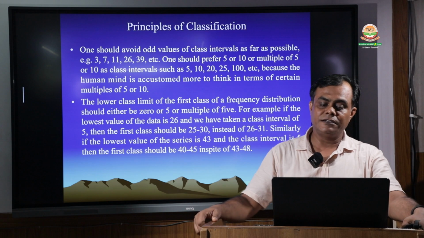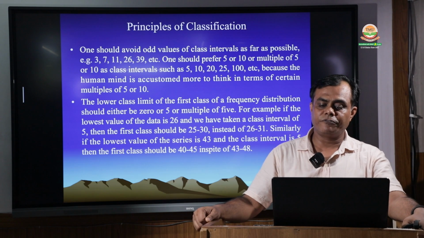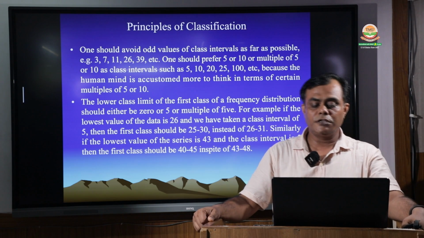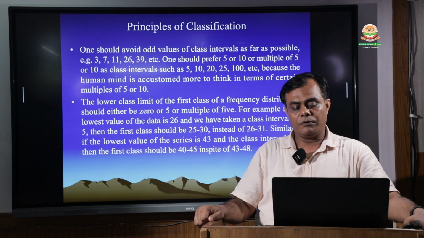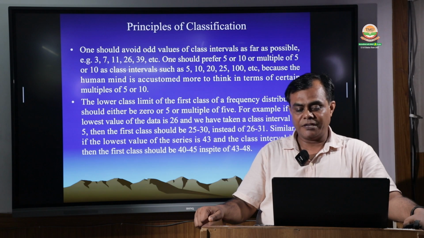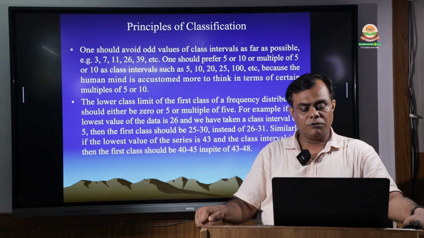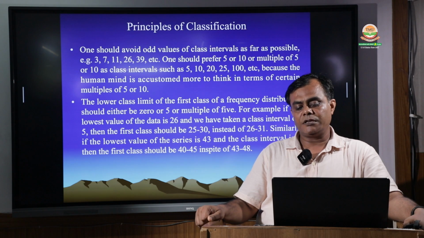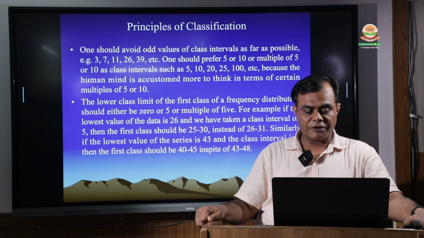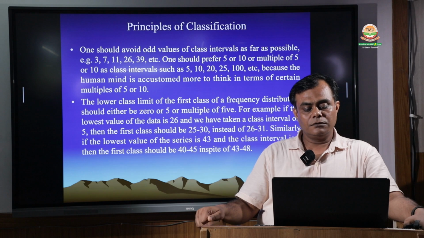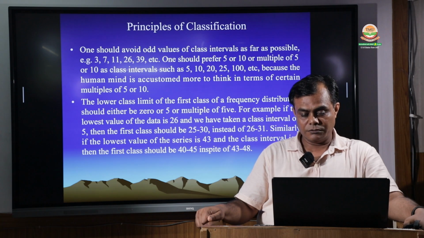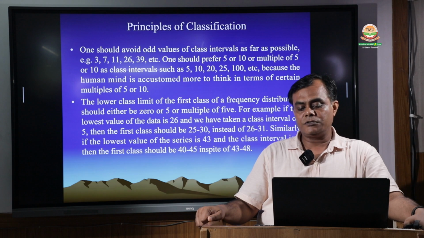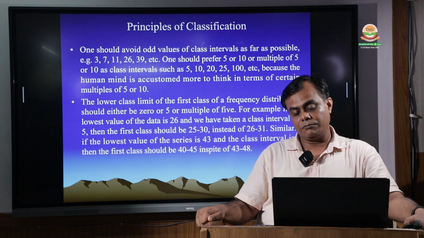The lower limit of the first class of the frequency distribution should be either 0 or 5 or a multiple of 5. For example, if the lowest value of the data is 26 and we take a class interval of 5, then the first class should be 25 to 30 instead of 26 to 31.